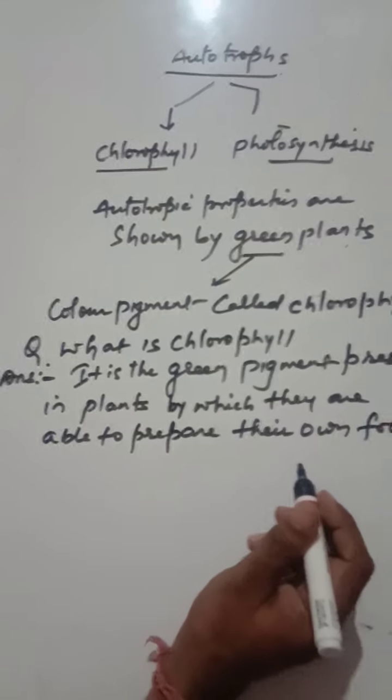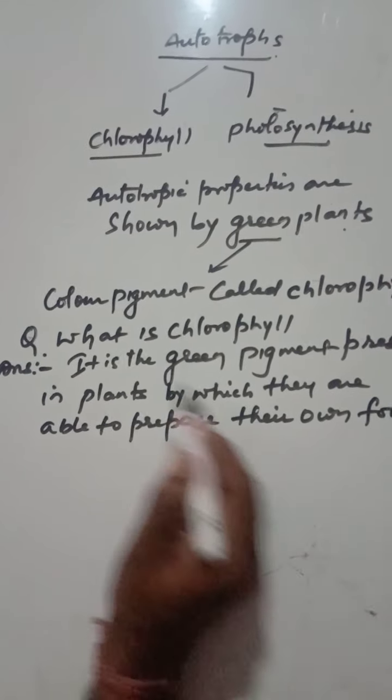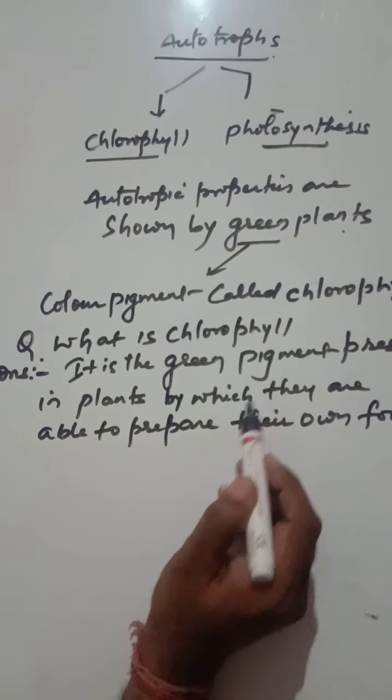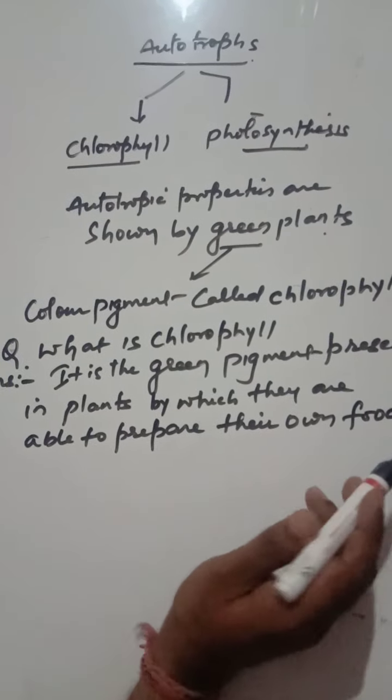You can see, then a process is there. This is chlorophyll, the green pigment, which helps the plant to manufacture its own food.